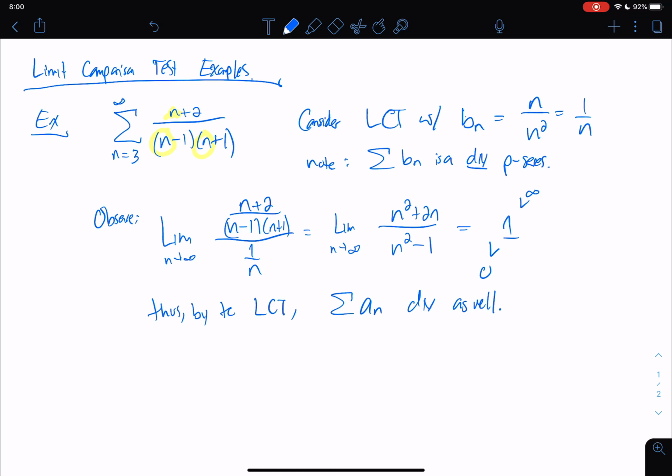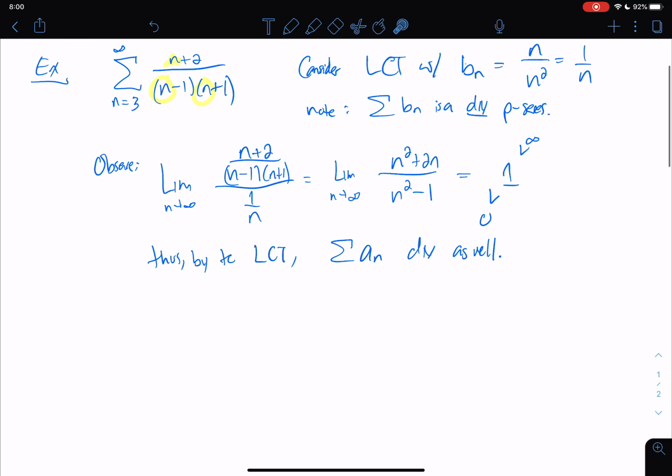The important takeaway is that this exists for rational functions, which are polynomials over polynomials. You can do the exact same thing if there are roots involved as well. So another example we could take a look at would be the exact same type of situation. Suppose it's going from 3 to infinity. But what if we had something like this?